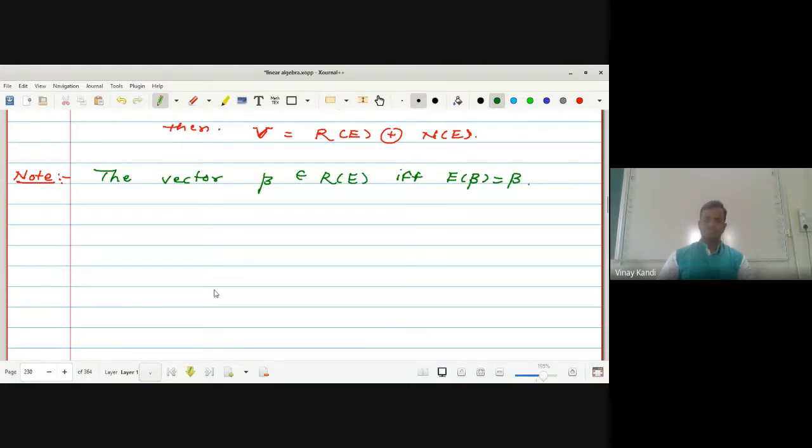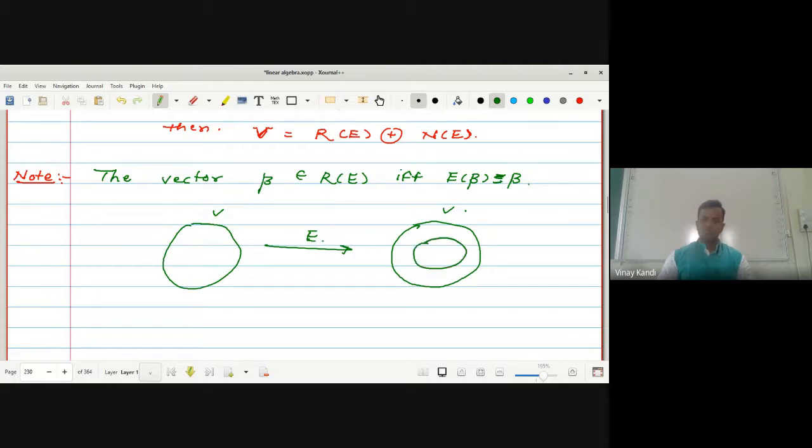Okay, what do we have to prove? If the vector beta belongs to the range of E, if and only if E of beta is equal to beta. What does this mean? Suppose this is a vector space, this is a vector space, and this is the operator E. Where will the range space be? This is the range space, R of E.